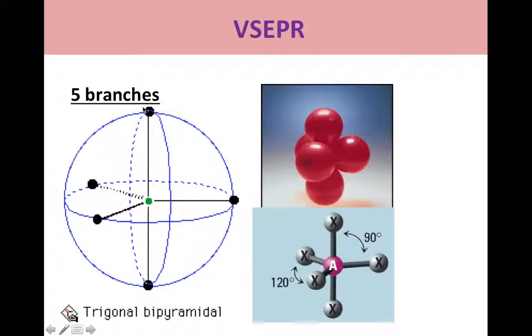Next is five branches, and we call this trigonal bipyramidal. Think to yourself for a minute, why is it called trigonal? Where do you see that triangle? And how is it bipyramidal? So let's just take a look for a second.